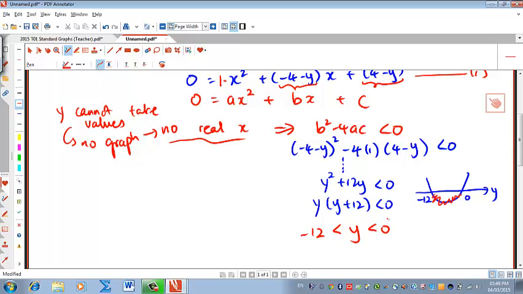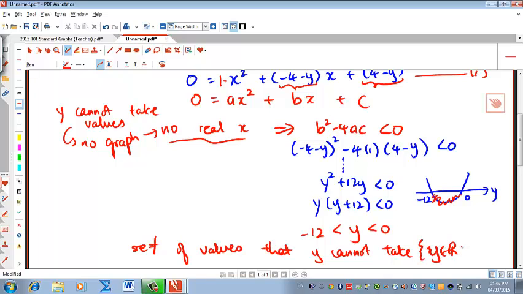Therefore, the set of values that y cannot take, such that there's no real x, will be y being a real number such that y is between negative 12 and 0. Thank you.